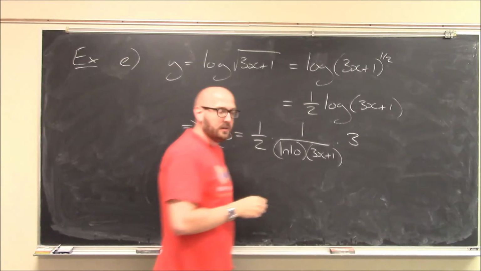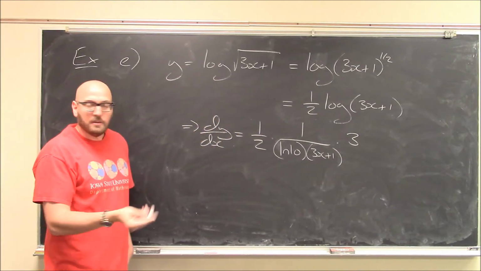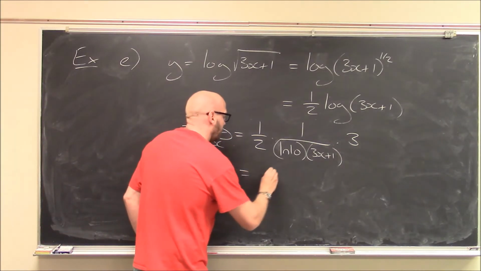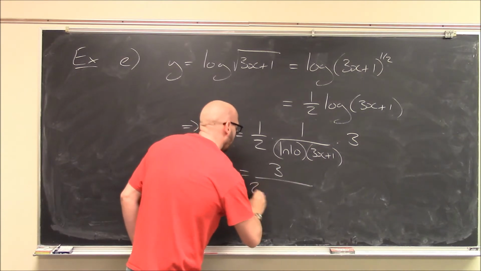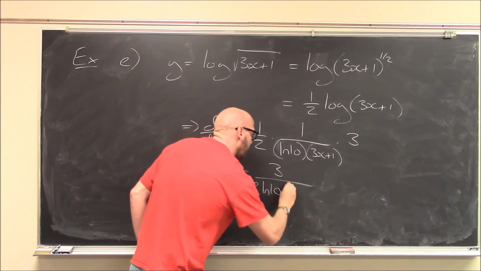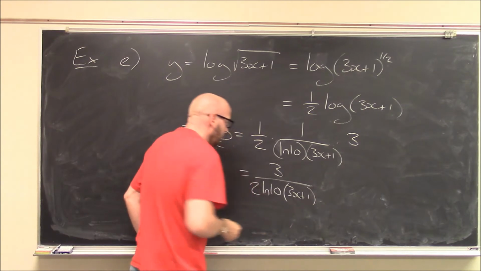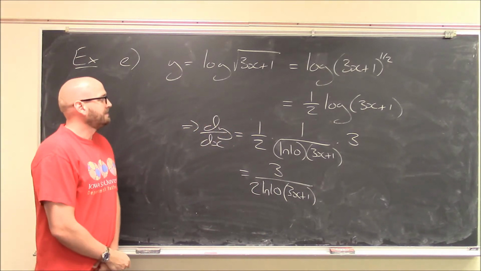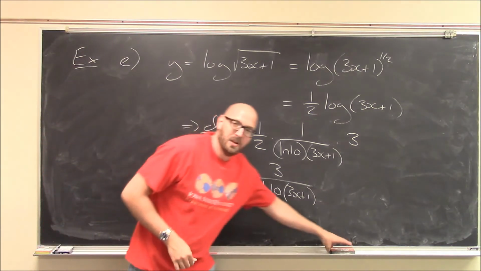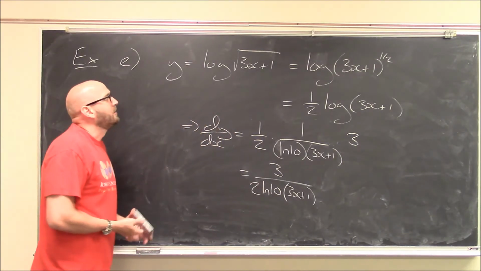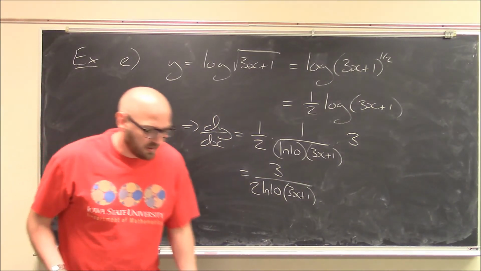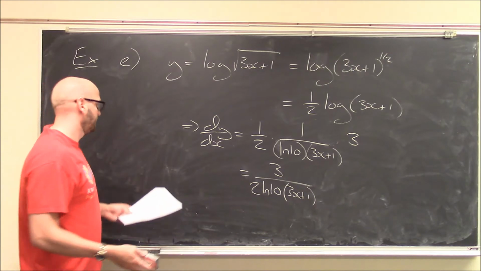The derivative of the inside is 3. And now we have exactly the same answer as we just had, right? 3 up top, everything else down below: 2 times ln of 10 times 3x plus 1. So same answer, but a lot easier to get there. So anytime you're differentiating logs, simplify them first if you can.